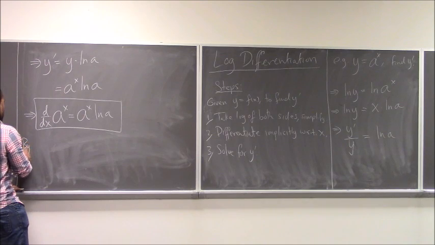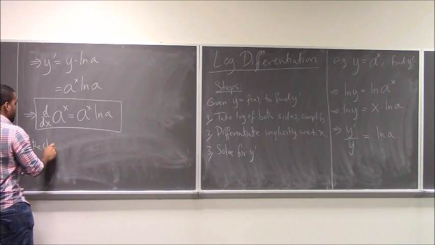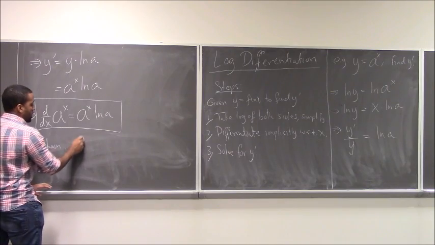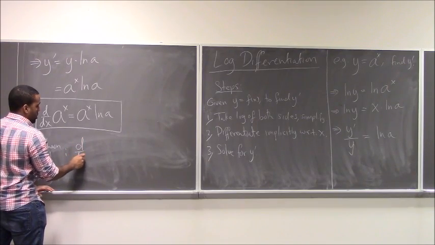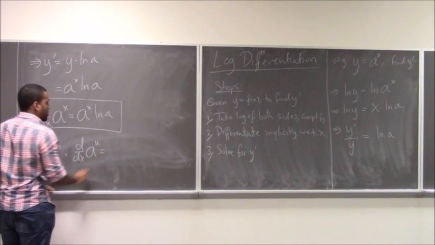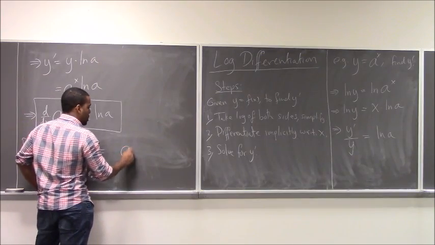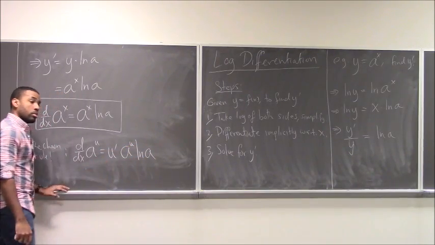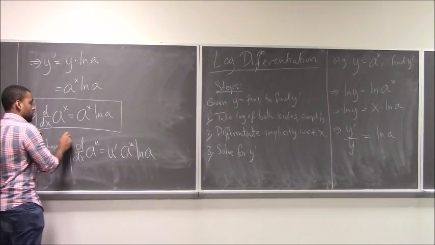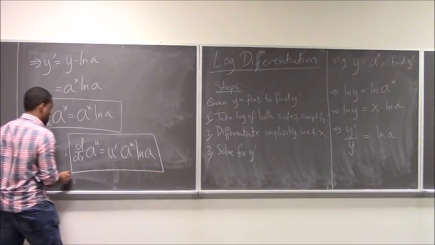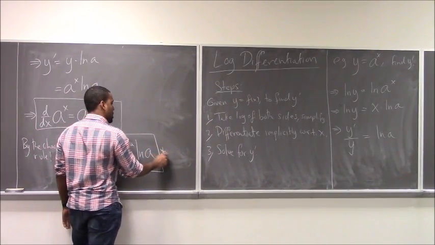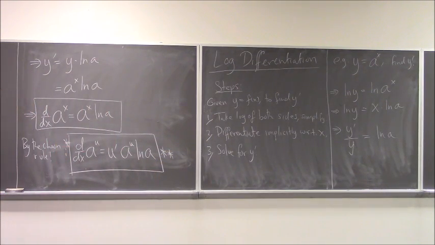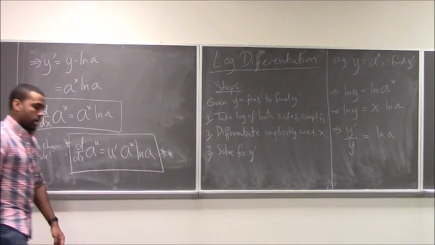Which means by the chain rule, if I put an inside function here, I would get that the derivative of a to the u is you differentiate the outer function, multiply by the derivative of the inside function. And that's the chain rule. So that's the general formula for this, and we use log differentiation to figure that out.